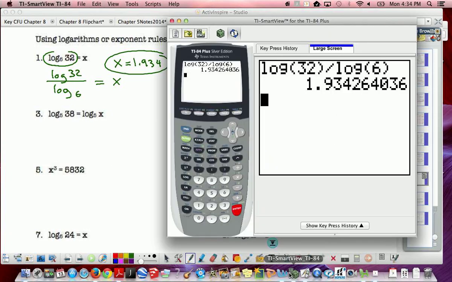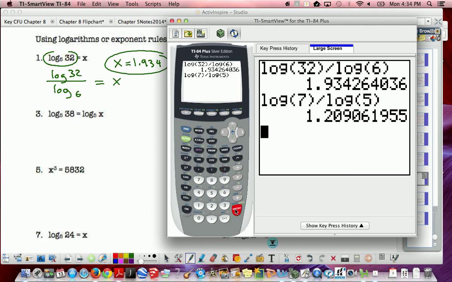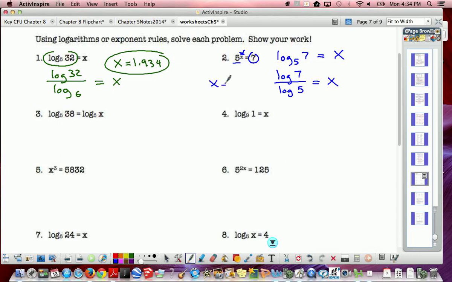So calculator time here, log of 7 divided by log of 5. Close parenthesis, hit enter, 1.209. So x equals 1.209.